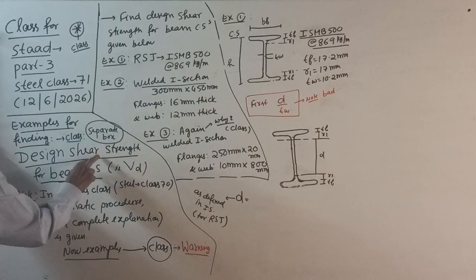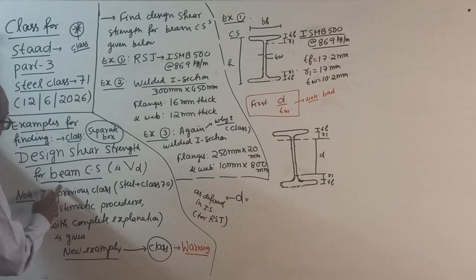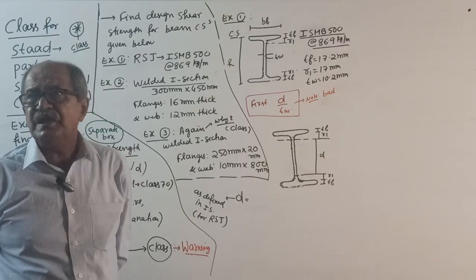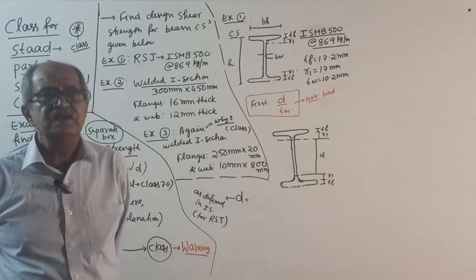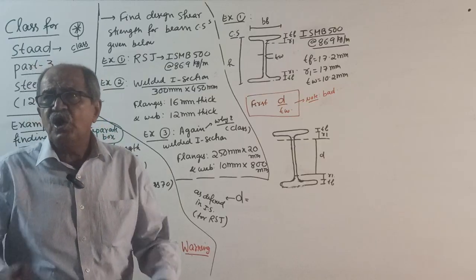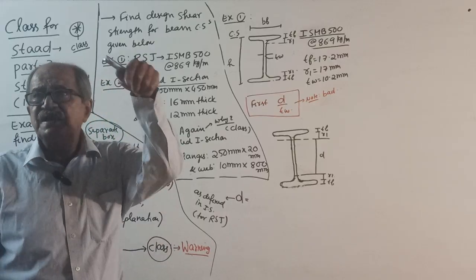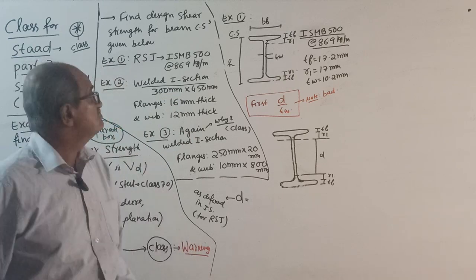Last class, class number 70, I gave the systematic procedure for finding the design shear strength for the cross section of beams, that is VD. Then today I started examples, then trouble came. Okay, now go through it.